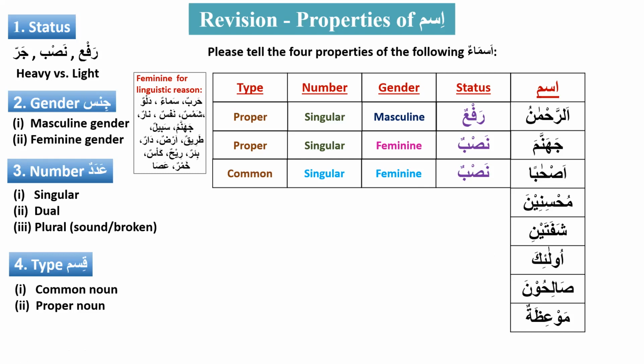Okay, Muhsinina. What is the status? Jar. Only jar, or it could be something else as well? It can be nasab or jar. Very good.